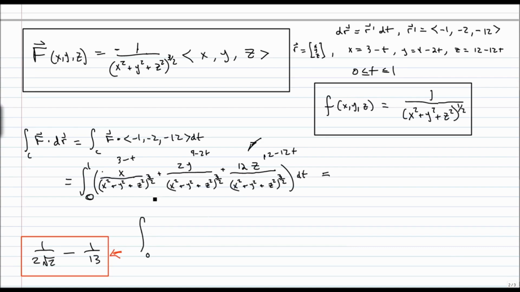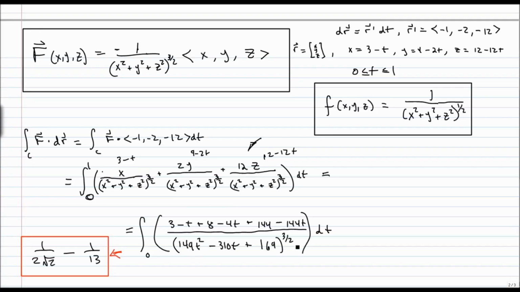So when you put them all over the common denominator, you end up getting this. For this denominator here, I subbed in x, y, and z in terms of t, expanded them out, combined everything together, and simplified it as much as I could, and this is what I got for my denominator. I can simplify the top, and I end up with this.